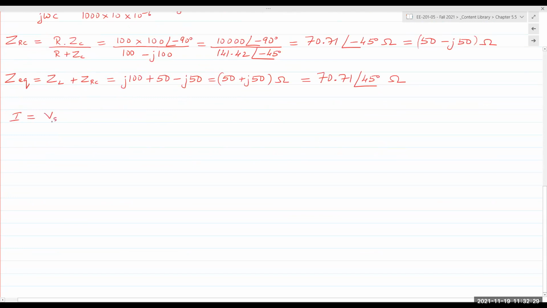I would simply be equal to Vs divided by Zeq. 0.1414 with a phase angle of minus 135.